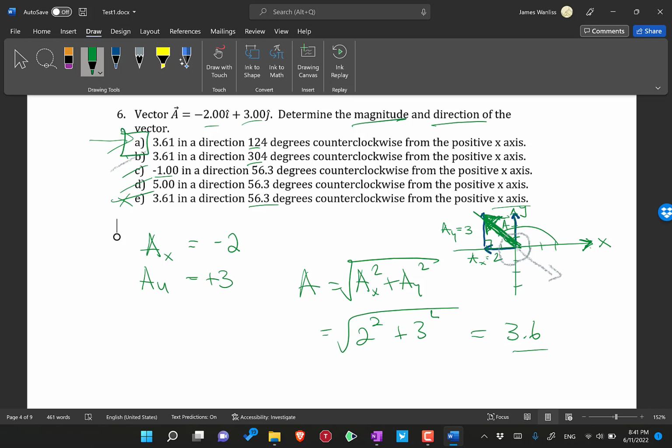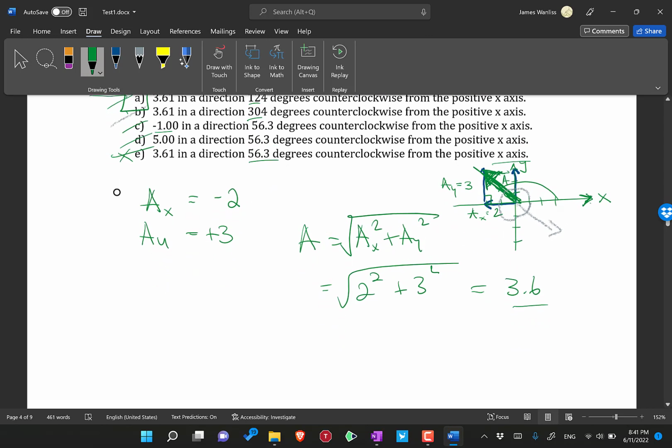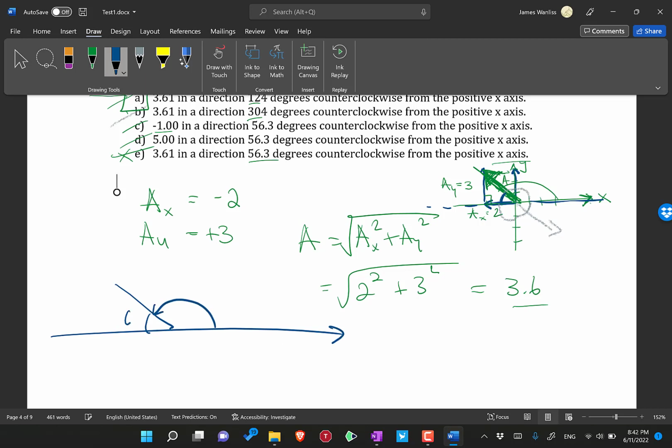Now you could have solved this a different way. You could have used trigonometry, sines and cosines, to find the actual angle. So I'll show you how to do that. You'll find that angle right over there, and that's a straight line, right? So the distance from the x-axis is going to be 180 minus that angle theta.